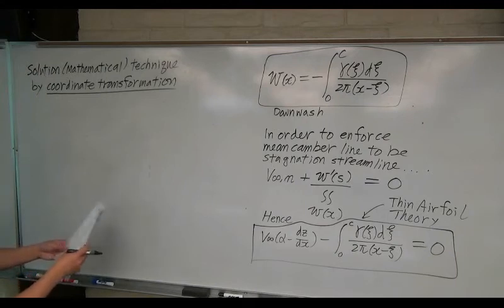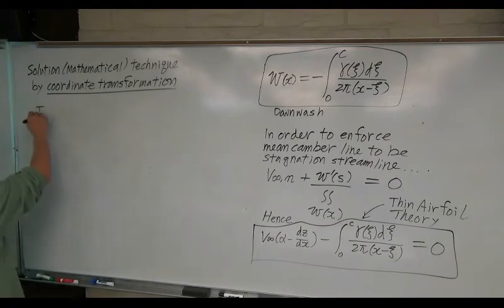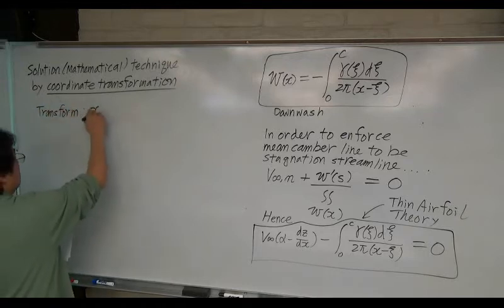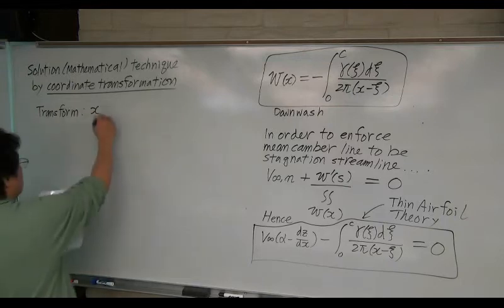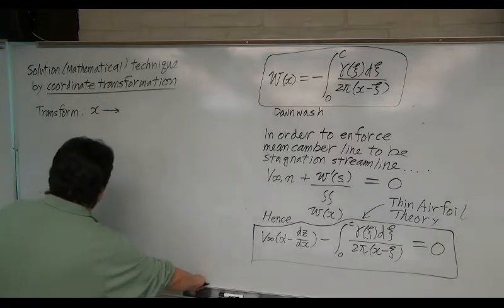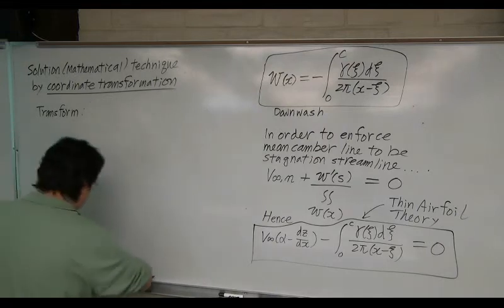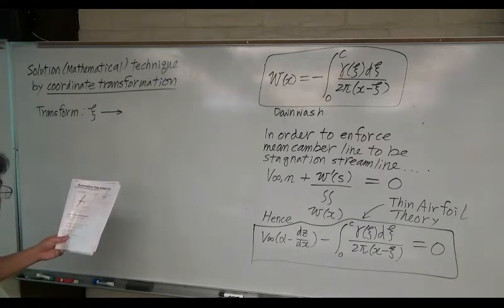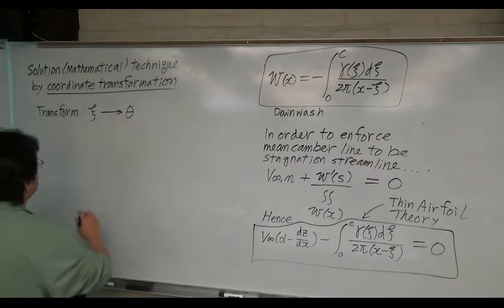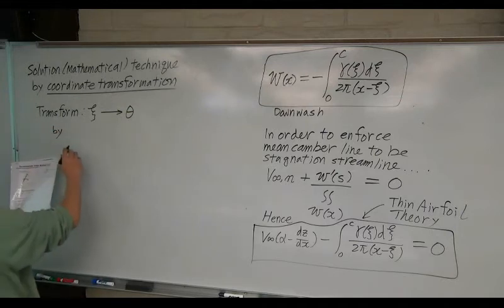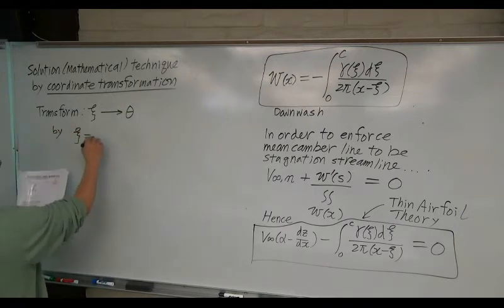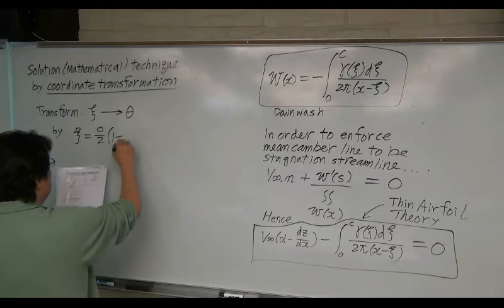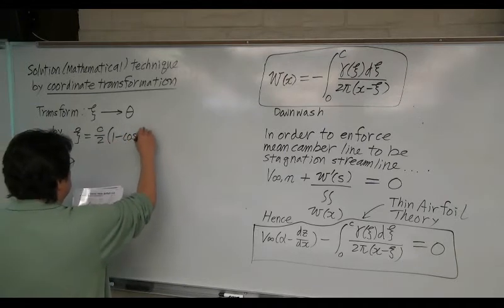So we are going to transform variable ξ to theta by using this equation. ξ is equal to chord length divided by 2 multiplied by (1 minus cosine theta).